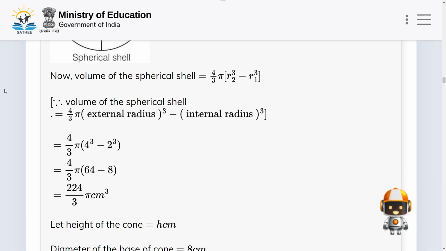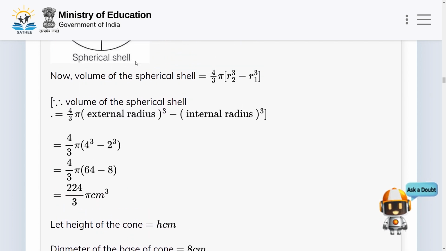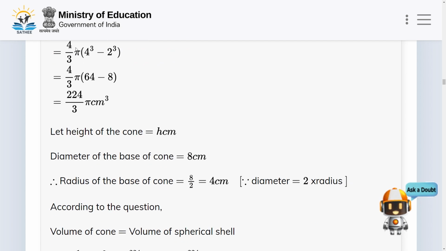So this is equal to 4 by 3 pi times (4 cube minus 2 cube), that is equal to 4 by 3 pi into (64 minus 8), and this is equal to 224 pi by 3 centimeter cube.